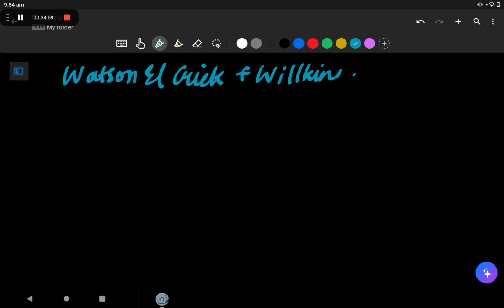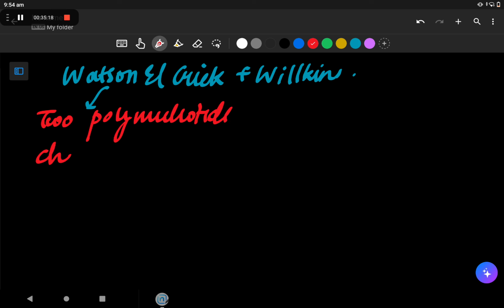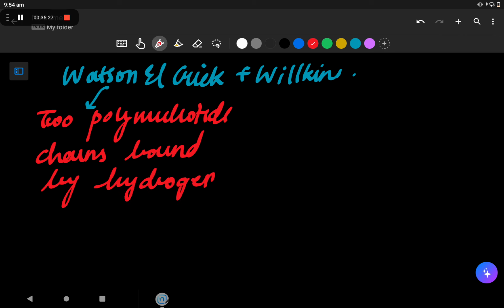So let us see, what are the features that Watson and Crick gave? First feature: two polynucleotide chains bound by hydrogen bond.